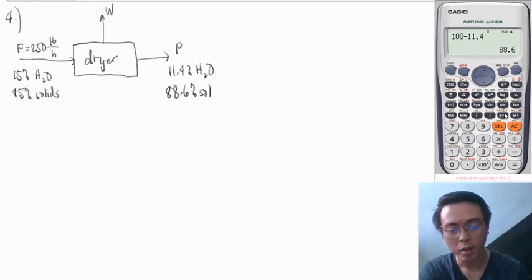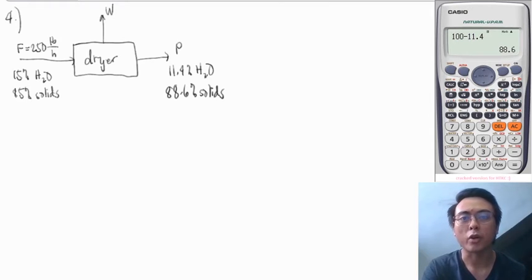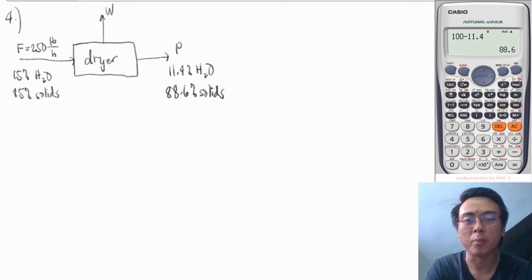solids. If you take a look at our diagram, it looks very much like the evaporation or the evaporator unit. No? We have one input, that's the feed, and we have two outputs, your dried product and your evaporated solvent. In this case, it's water.